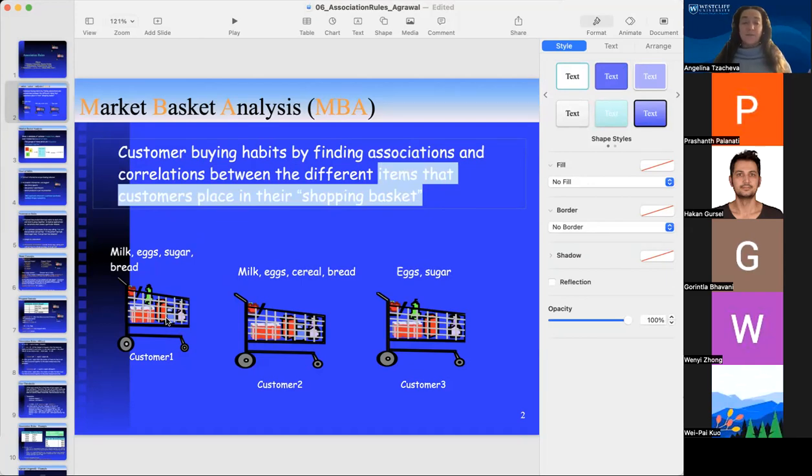Let's say this person is buying milk, egg, sugar and bread, and the other one is buying milk, egg, cereal and bread, and the other one is buying just eggs and sugar. So from here we can see that the eggs and the sugar are in everybody's basket. So this combination of items appears to be a frequent pattern in our data.